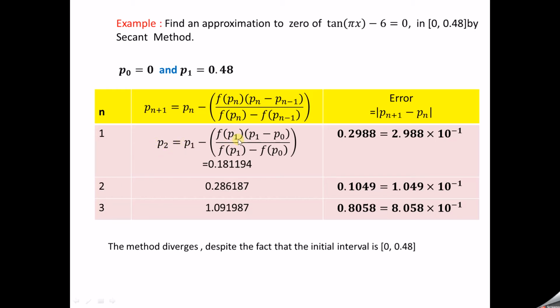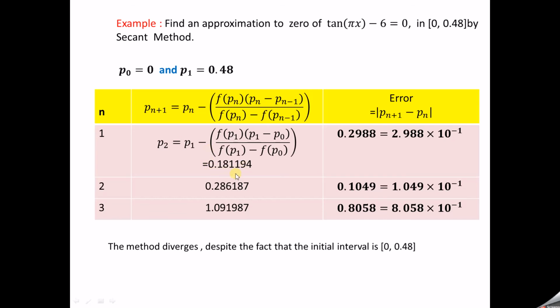Putting n equal to 1, P2 is P1 minus f(P1) times (P1 minus P0) over (f(P1) minus f(P0)). If we substitute P0 and P1 in this formula, we obtain P2 equal to 0.181194. This is the second approximation, after the initial guess P0 and the first approximation P1.